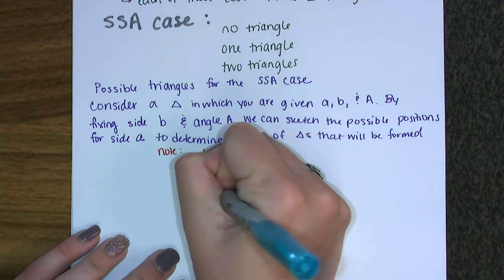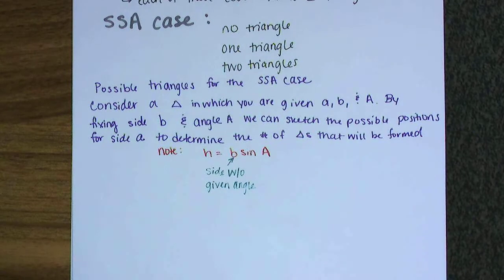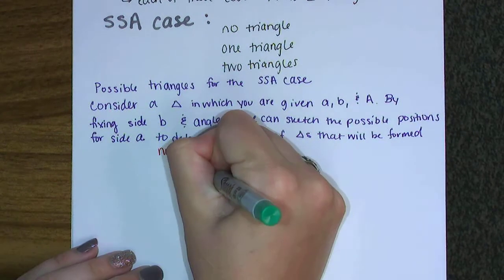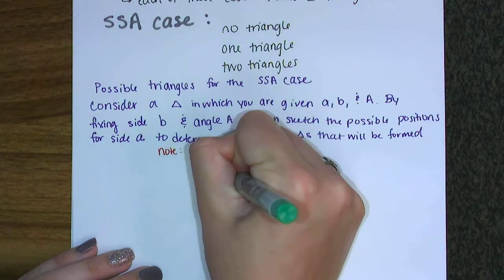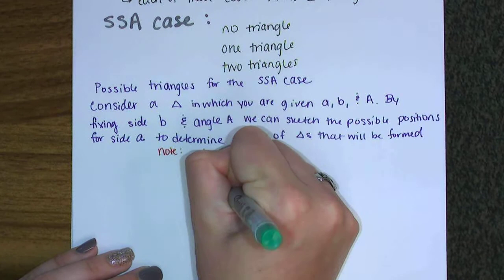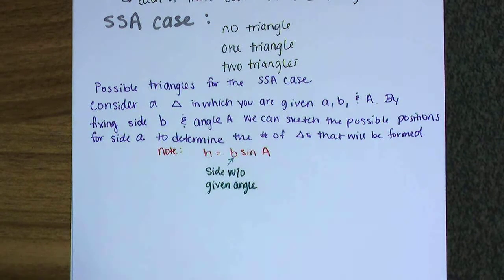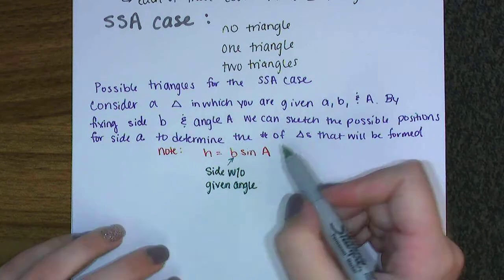Or you cannot read that, there's no way. There we go, that should be better. Side without the given angle. Okay, and then this over here is the angle with the given side length.